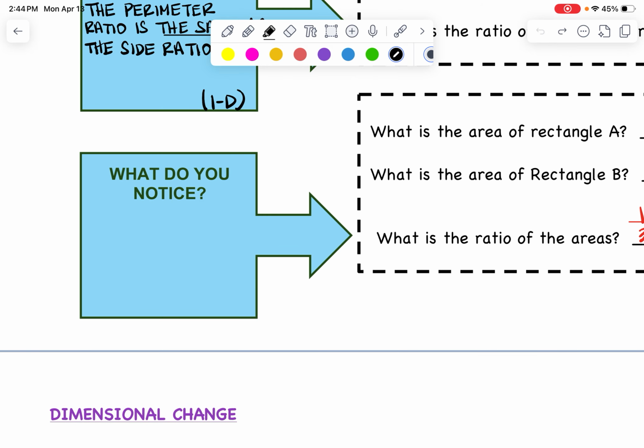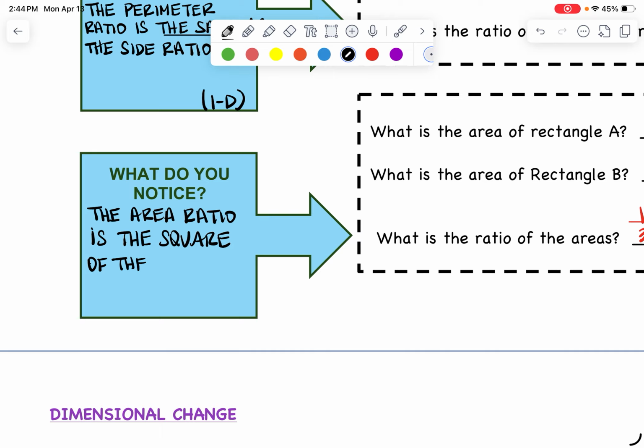So I'm going to write down, hold on, I'm not writing in highlighter. There we go. So we are noticing that the area ratio is the square of the side ratio.